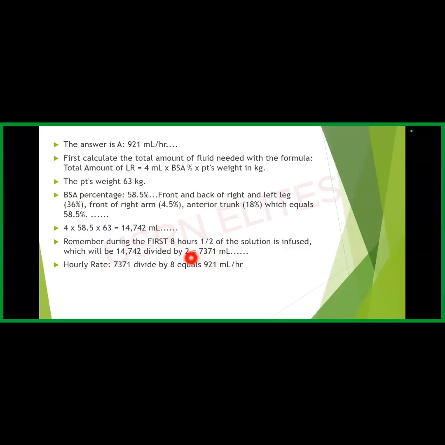And if you want it to go for 8 hours, this one is simple. We did it in an earlier stage. If you want this fluid to go in 8 hours, you just divide by 8. If you want it to go in 12 hours, you divide by 12. If you want it to go in 4 hours, you divide by 4. It's just simple.